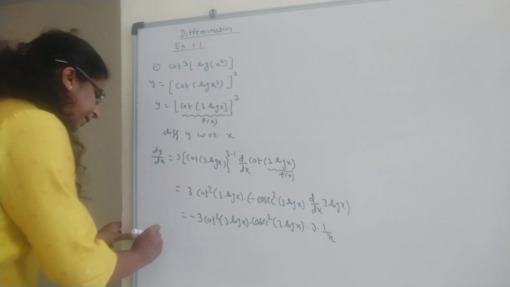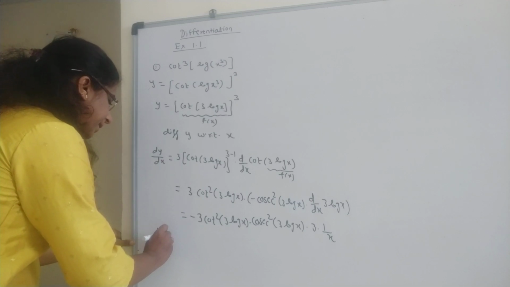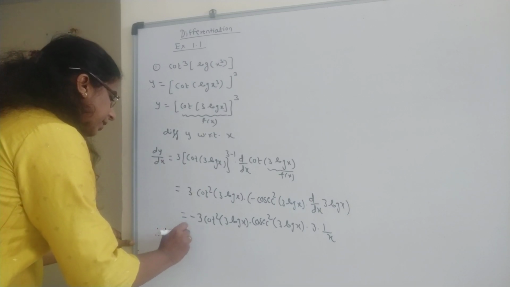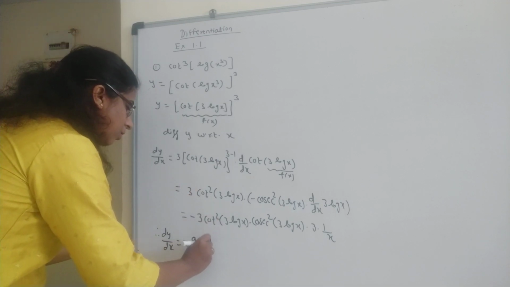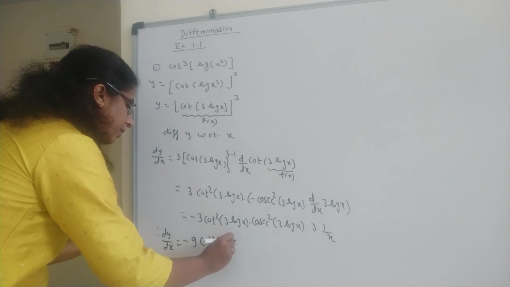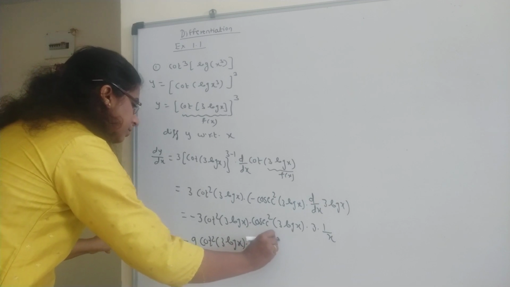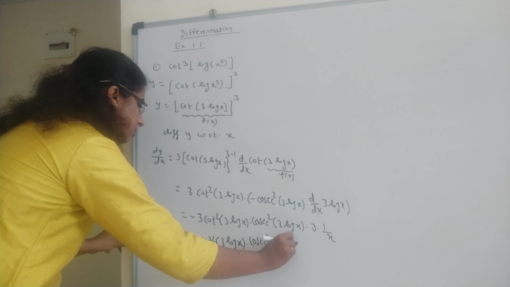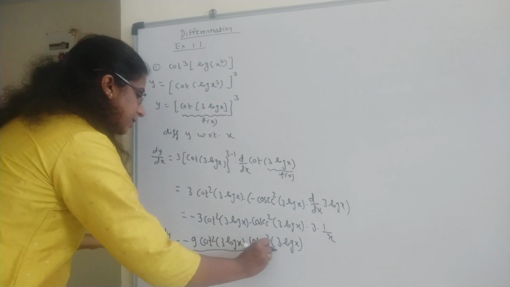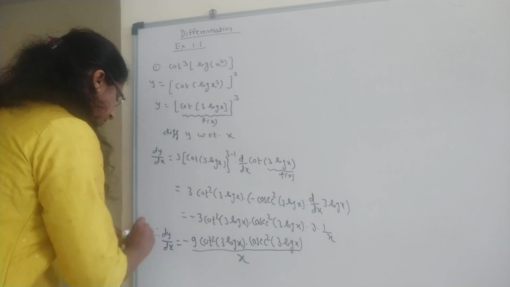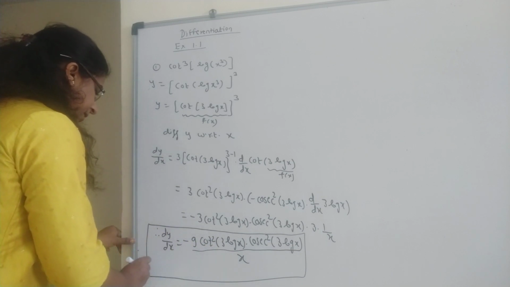And so finally we write the dy by dx value as 3 threes are 9, so this is minus 9 cot square of 3 log x into cosec square of 3 log x, the whole term divided by x. So this is your final dy by dx value.